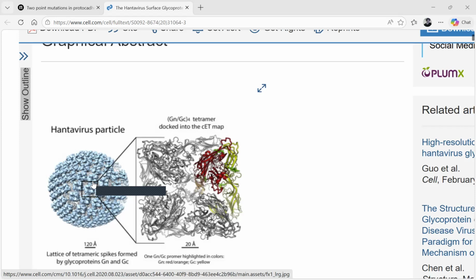And there's a few different versions of it: the Seoul virus, the Puumala virus, and the Dobrava-Belgrade virus. Those are all Old World. So the key here for what we're dealing with in terms of our outbreak on the ship, we're dealing with the Andes, which was discovered in 1995.